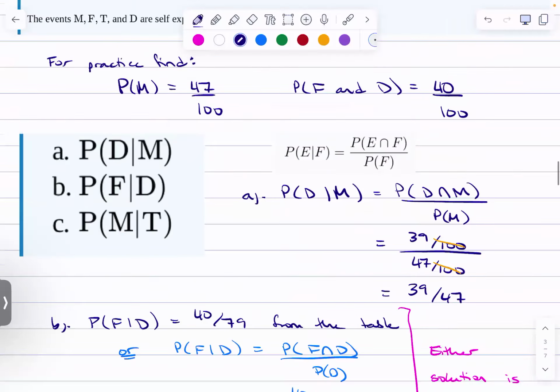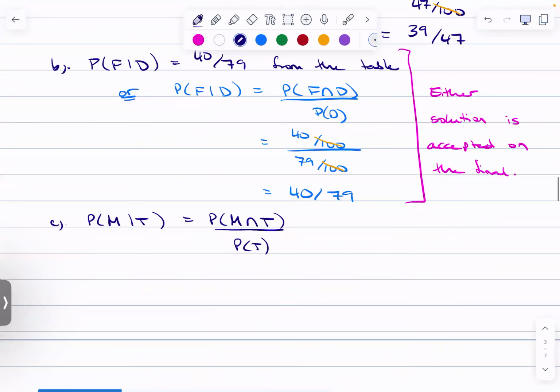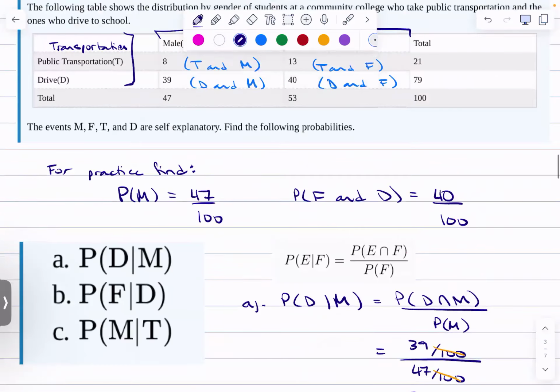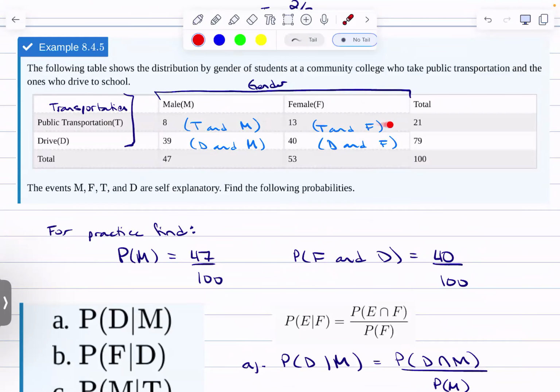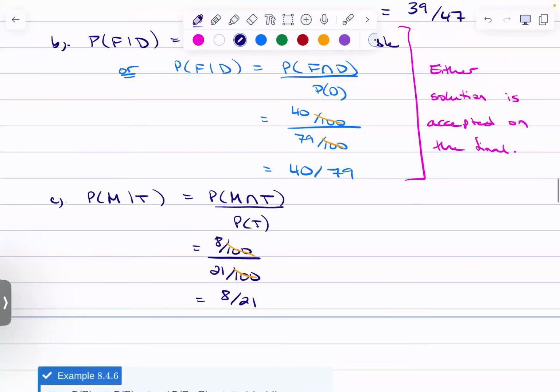M and T, male and public transportation, is 8 out of 100, over the probability of T, which is this overall 21 out of 100. Which puts me at 8 over 21, which would be the same answer that you would get just using the table.